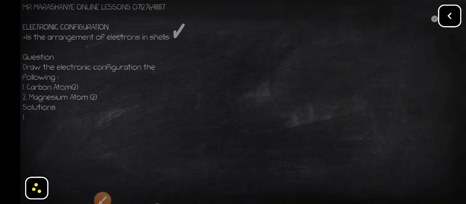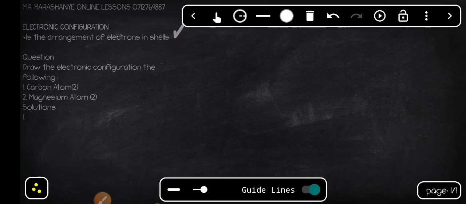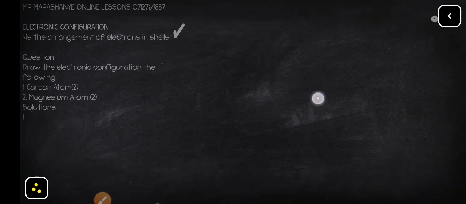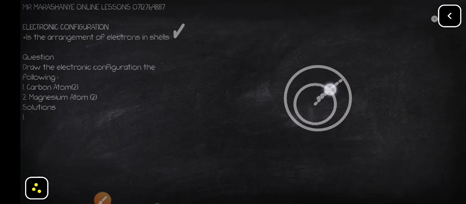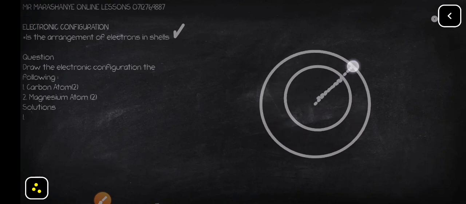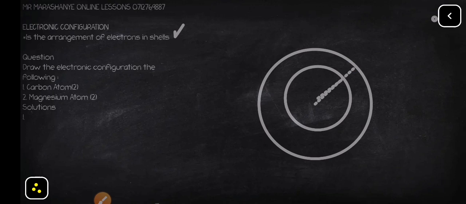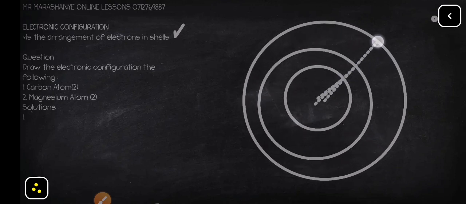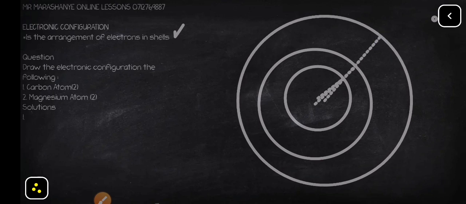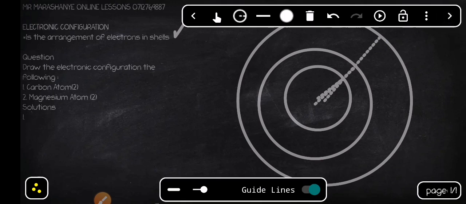So I'm going to draw 3 shells: 1, 2, 3. All right, these are the 3 shells that I have here.